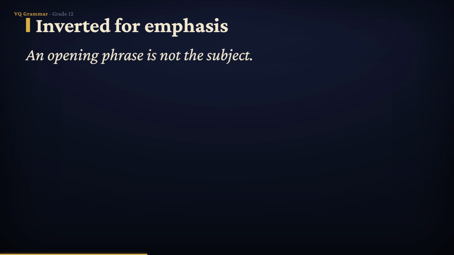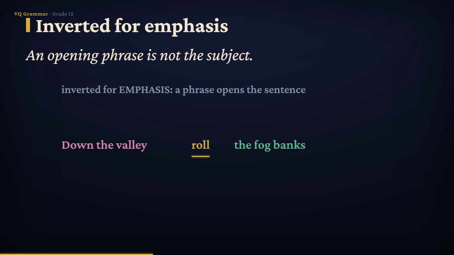Sometimes writers invert a sentence on purpose, for drama or rhythm, by opening with a phrase that tells where or how. Listen, down the valley roll the fog banks. Feel how that lands harder than the plain, the fog banks roll down the valley. But the drama can distract you.